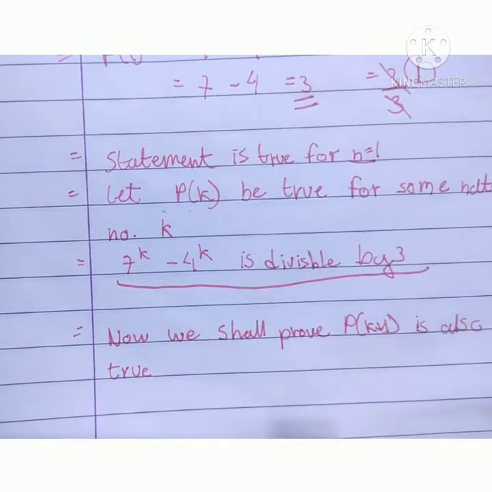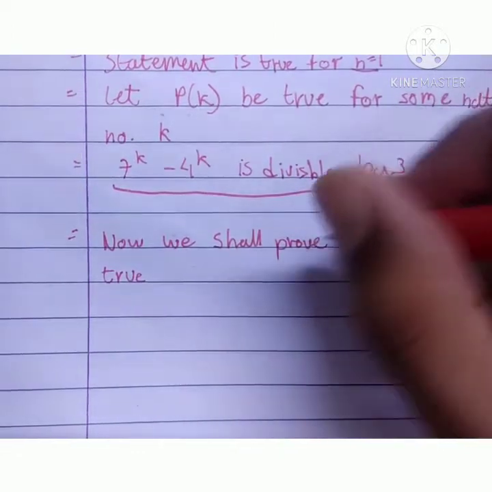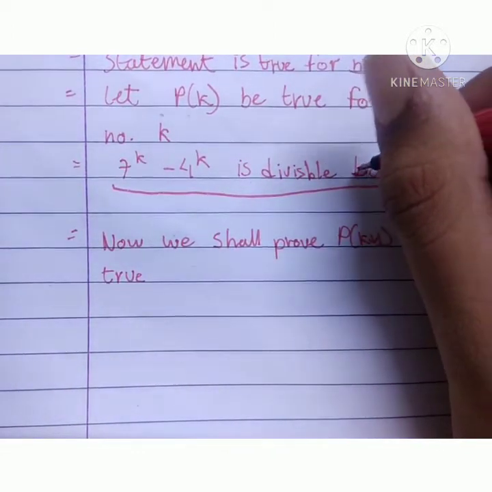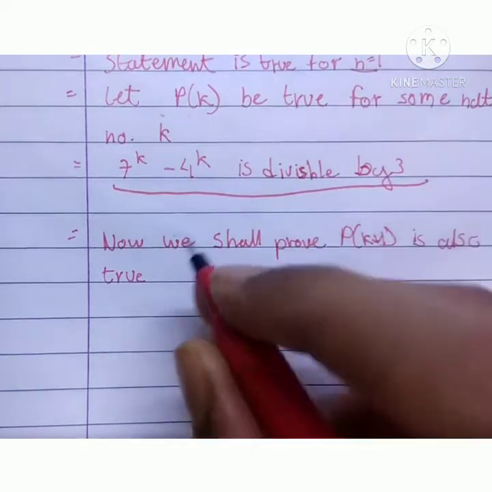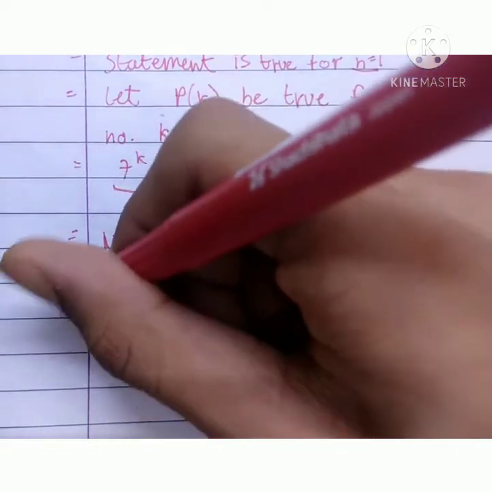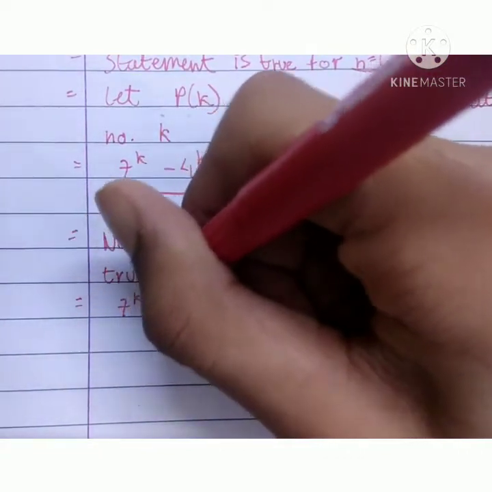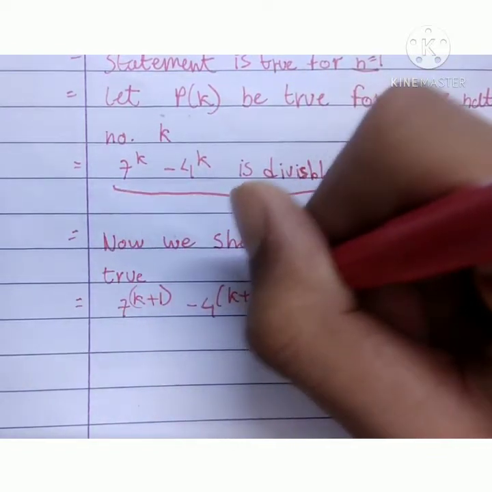Now we shall prove that P(k plus 1) is also true. So let's see how you can do it. Wherever in the equation there is a k, you replace it with k plus 1. So let's do it. 7 raised to k plus 1 minus 4 raised to k plus 1 is divisible by 3.